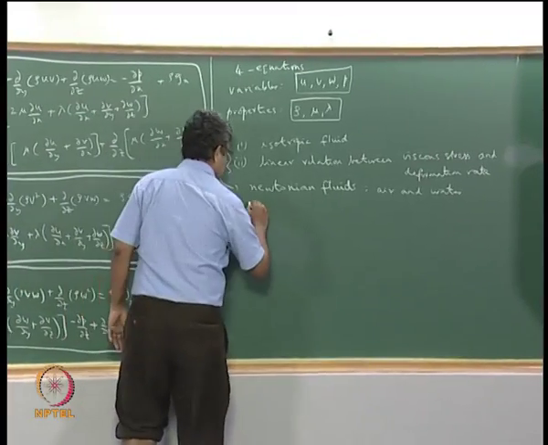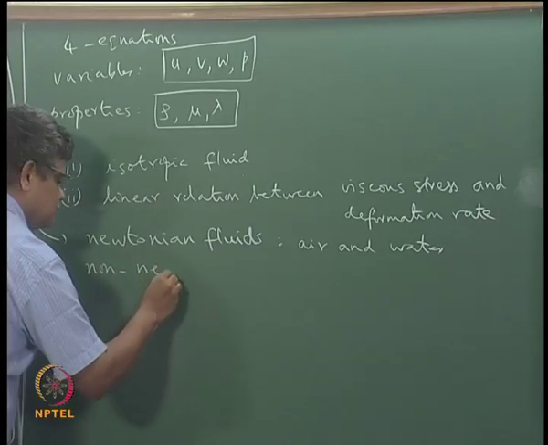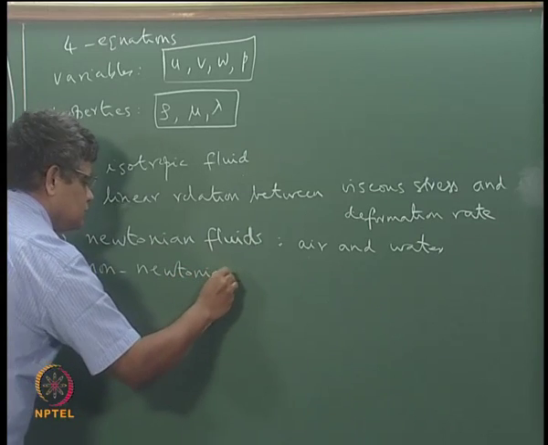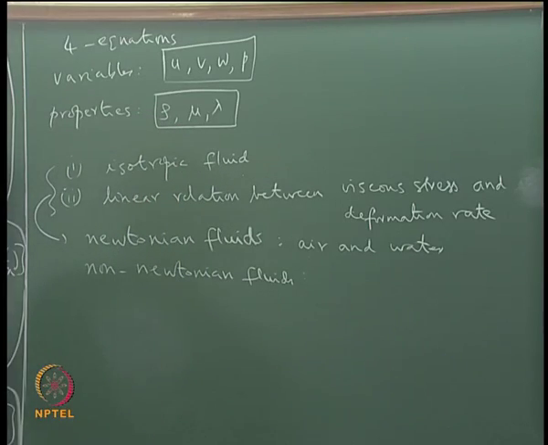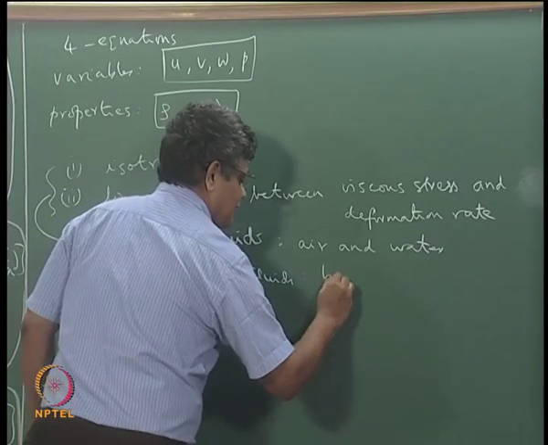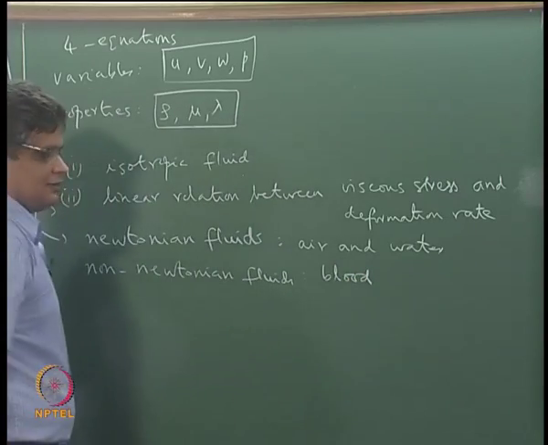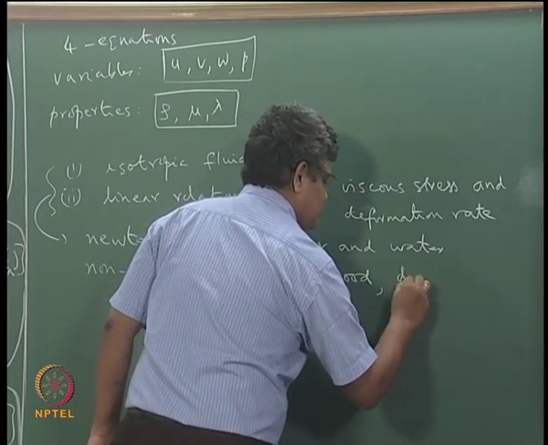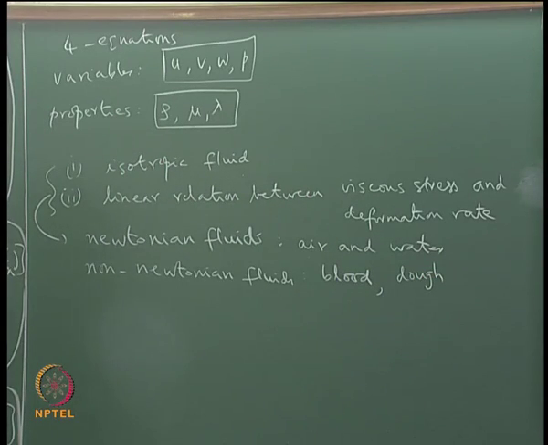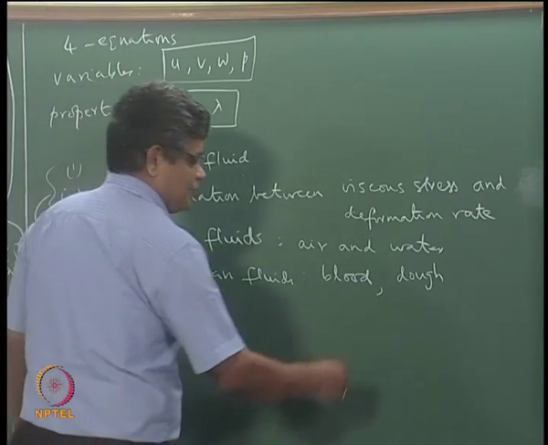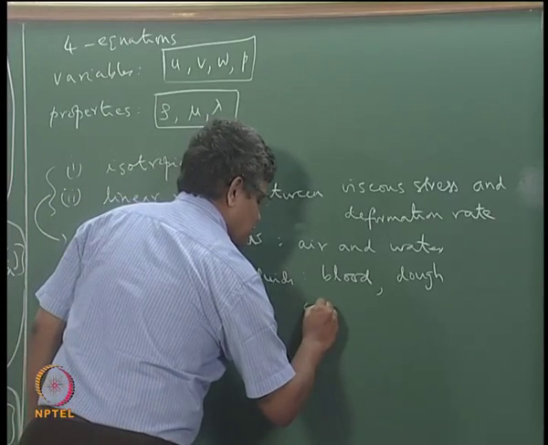So such fluids are called non-Newtonian fluids, and these kind of fluids include very common fluids like blood, the dough that is used to make things in India, like the dosa and idli and chapati and bread and all those kind of things, and also a concentrated sugar solution.